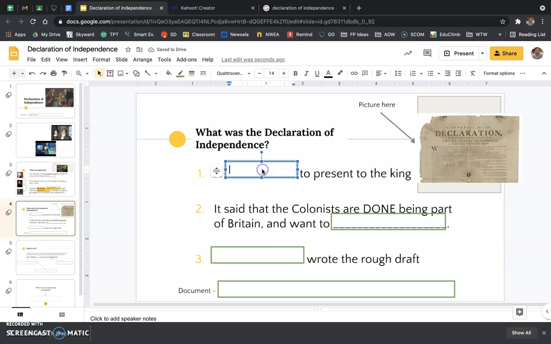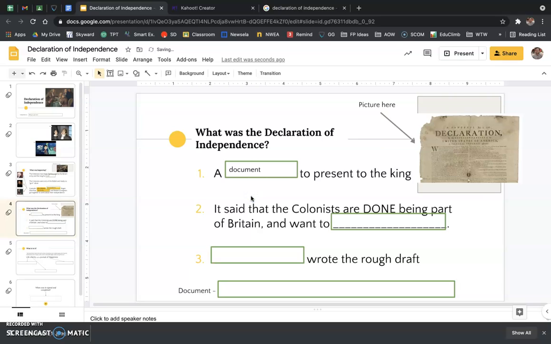Okay, so it was a document to present to the king. So it was their way of kind of telling the king something. So I do want to give the word document a definition.